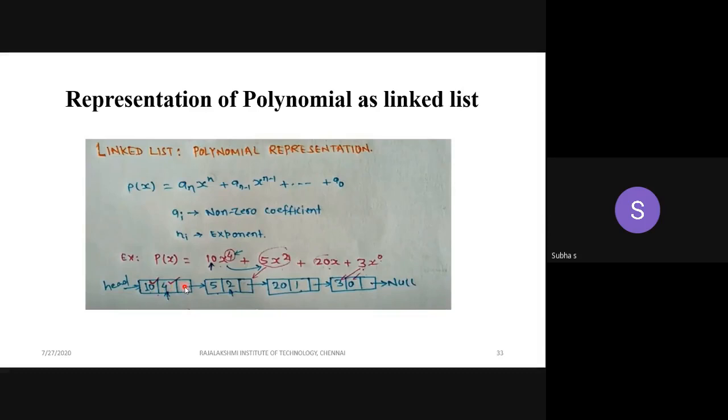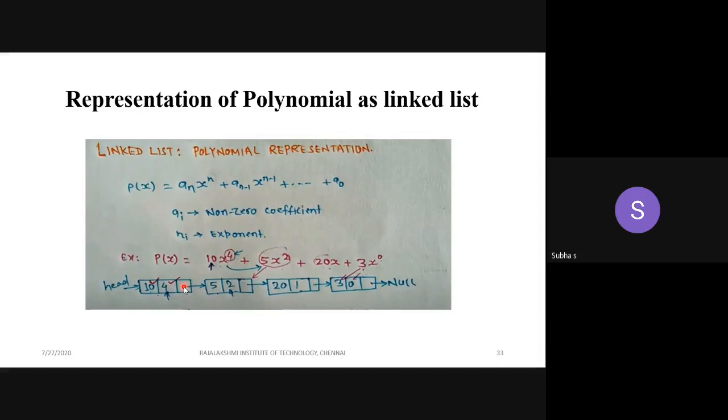There should be what? An address field. That is your third field. That address should point to whom in general in a linked list? It should point to the next node in the linked list. Now check, this 10x power 4 is connected to whom? What is the next element in your polynomial? 5x square. So this is called the address pointer or next pointer.